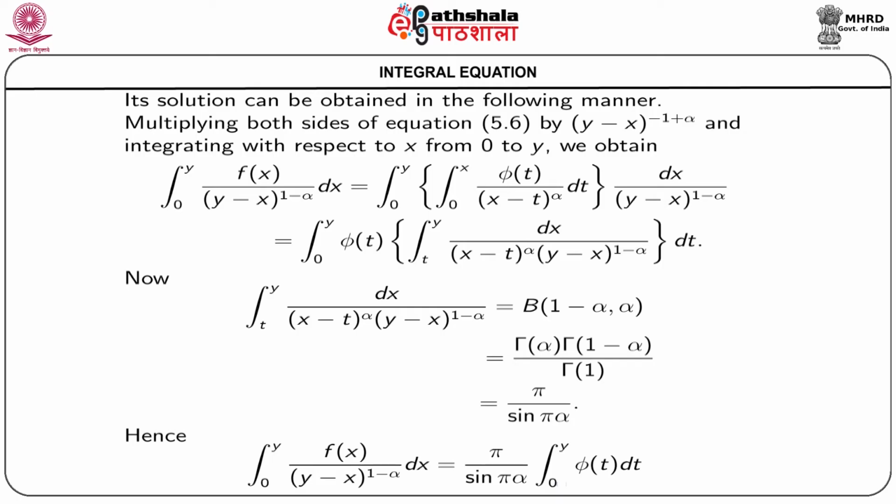divided by y minus x to the power 1 minus alpha dx equal to a long expression on the right hand side which involves double integration. The inner integral is with respect to t, which ranges from 0 to x, and the outer integral ranges from 0 to y and is with respect to x.